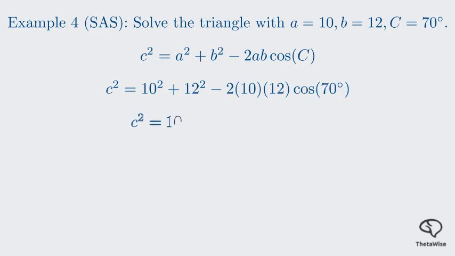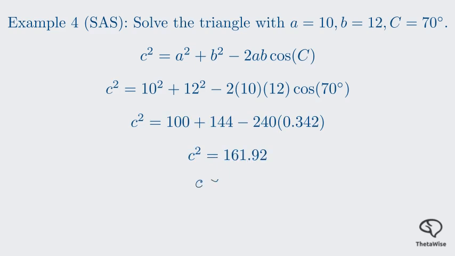Calculating this, we get C squared equals 100 plus 144 minus 240 times approximately 0.342. This gives us C squared equals 161.92. Taking the square root, we find that side C is approximately 12.73 units.